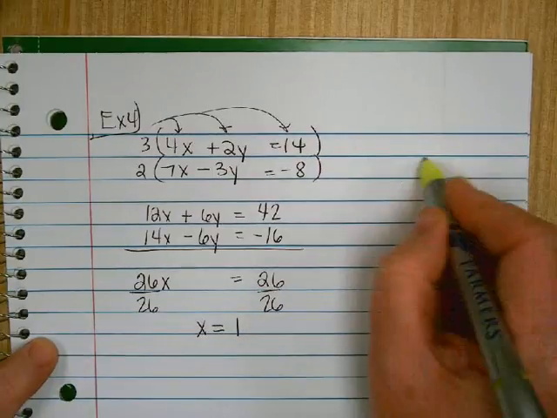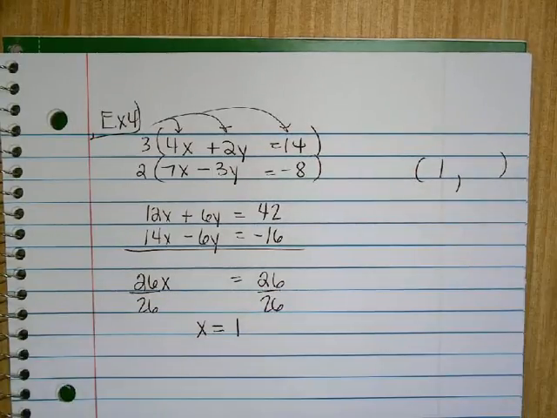Now, what you found is the x part of that coordinate. What's the next thing you're going to have to do, Jared? The y coordinate. How are you going to figure out the y coordinate? Tom? Plug it in. Which equation do you want to use?